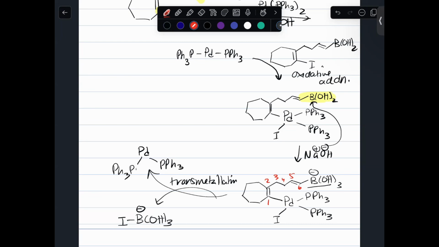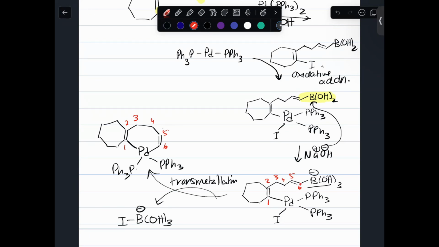So I've got 6 carbons plus the palladium, so I'm going to form what looks like a 7-membered ring. And there's my 7-membered ring, including my palladium, okay?